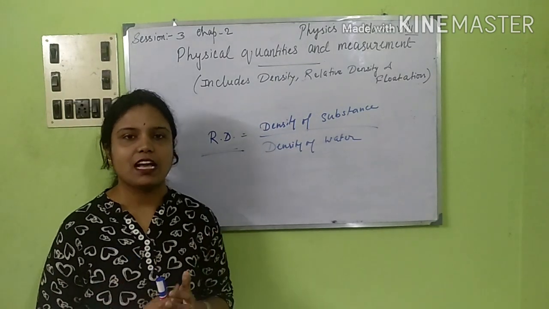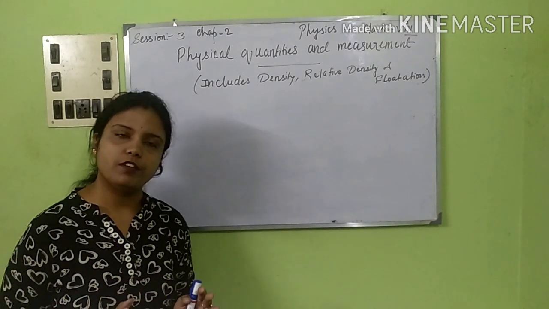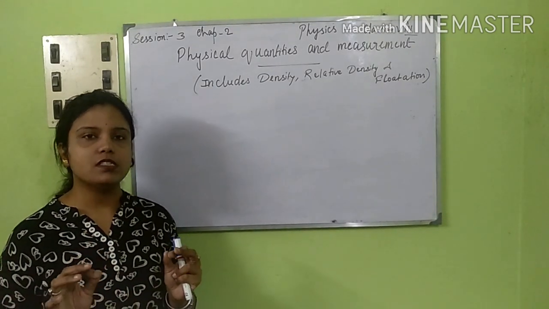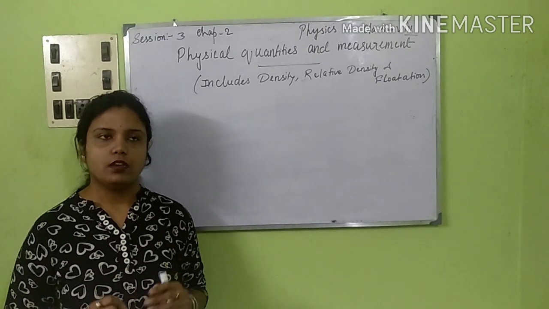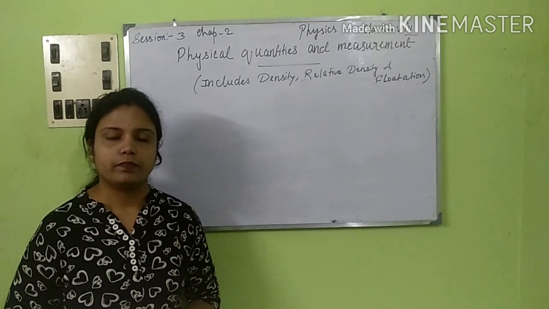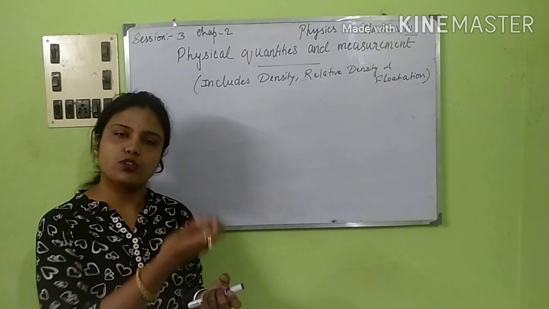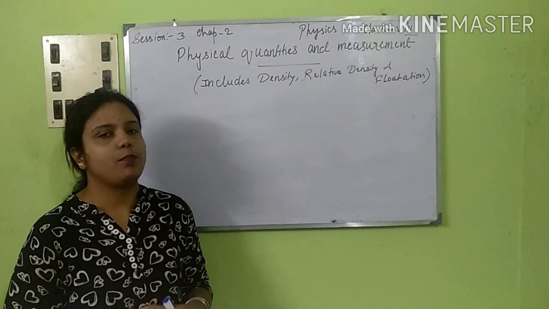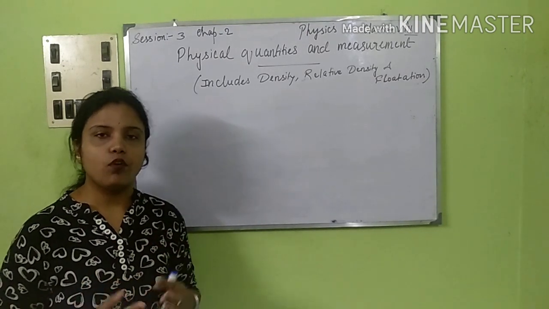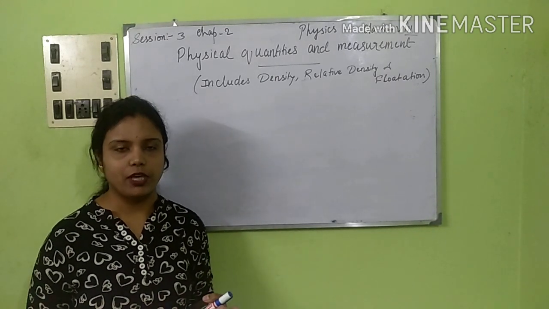Next, coming to the principle of flotation. We have two forces acting on a body which is immersed in a liquid or in water, whatever you say. The first force is the weight. As you know, weight always acts downwards, so it always has a tendency to sink the body. The second force is the buoyant force or the upthrust, you can use either term.